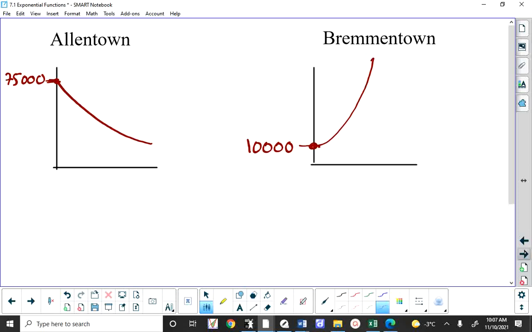So if we go from y equals, and I'm going to use b for a base, b to the x, having a y-intercept of 1, then what could I do to, and don't draw this, but here's 1. It's not even accurate. There's b to the x, which has a y-intercept of 1. What could I do to that graph to simply draw that y-intercept up to 75,000?